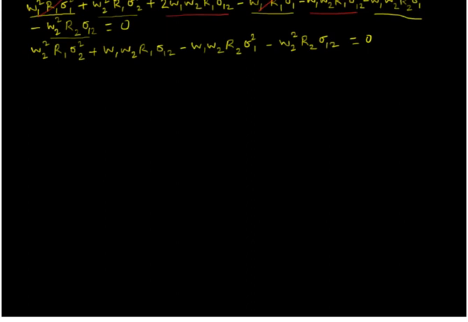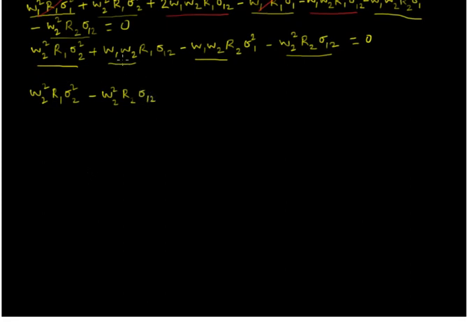We can collect like terms together. There are some terms with W2 squared like this and like this, and there are two terms which have W1 times W2. So let us write them out. W2 squared times R1 times variance of 2 minus W2 squared times R2 times covariance between 1 and 2.